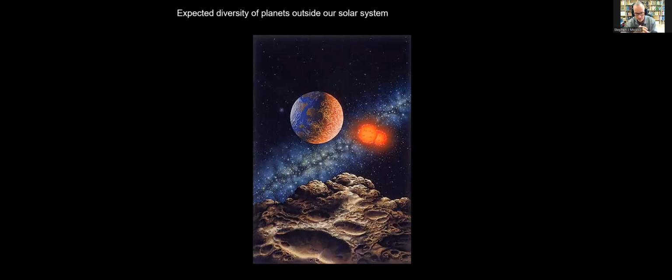There are planets around other stars. We know this. At last count, close to 6,000 planets have been found. This image here is, of course, just an artist's impression of what some of those planets might look like. It may be a very, very long time before we get a picture element of one of these things.